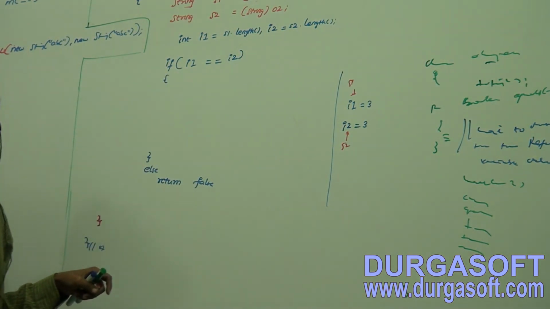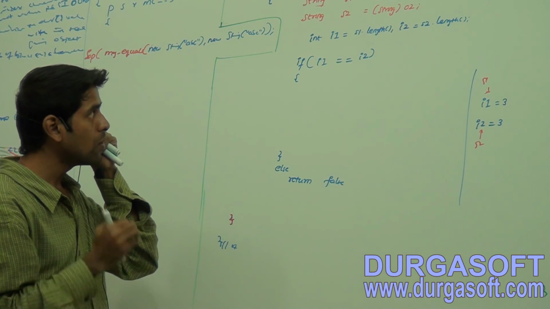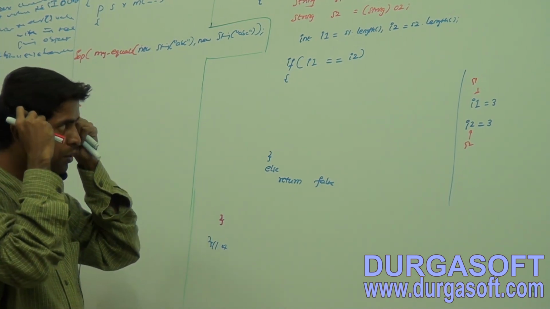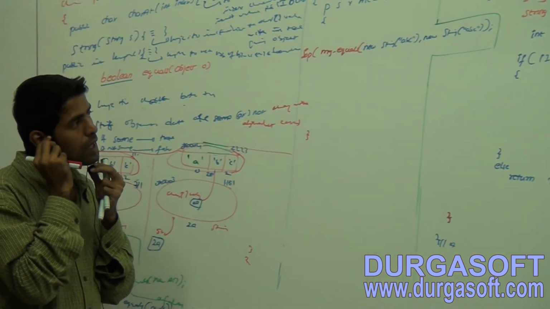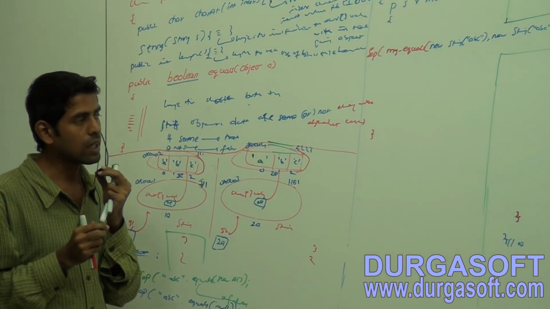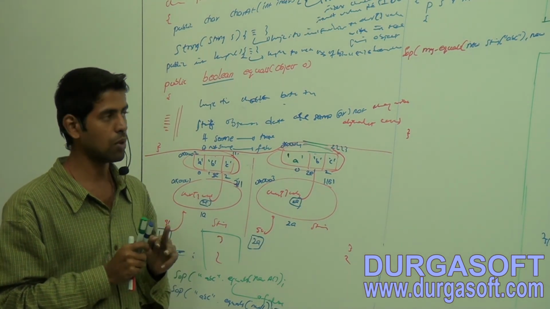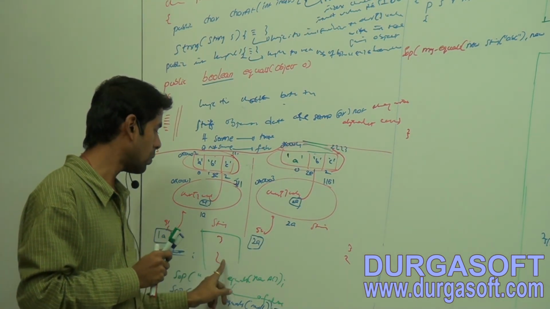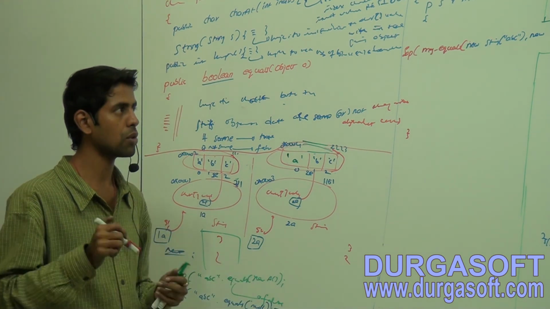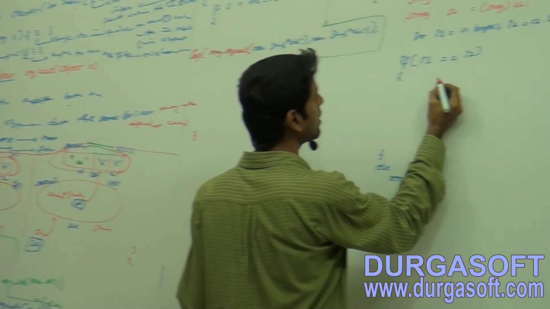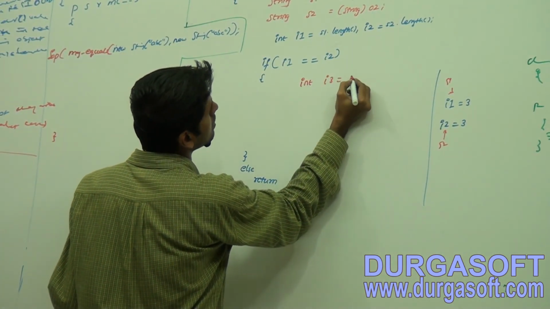Now observe. Now I'm going to take a variable. I want to get 2 as the value. Can I take it like this? Do I have any restrictions?